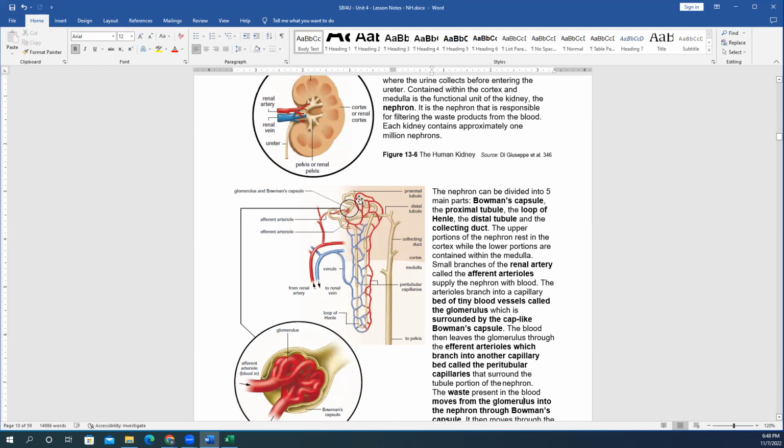And as it goes down and starts to dip down into the medulla region, it becomes a structure that we know as the loop of Henle. So this part that comes down is the loop of Henle, and as it goes back up, it becomes what is called the distal tubule here.